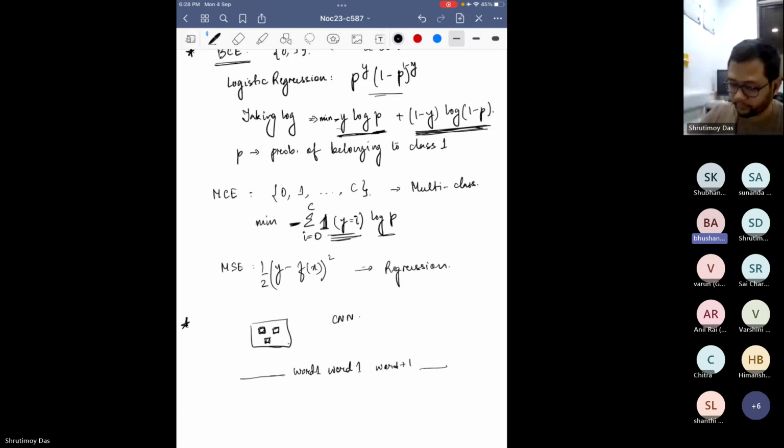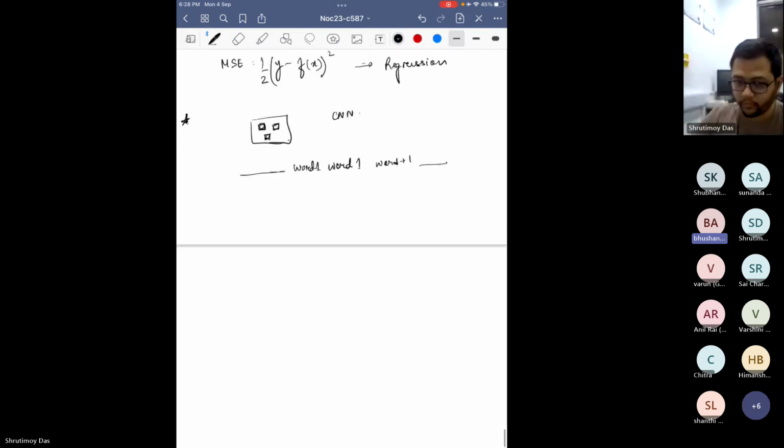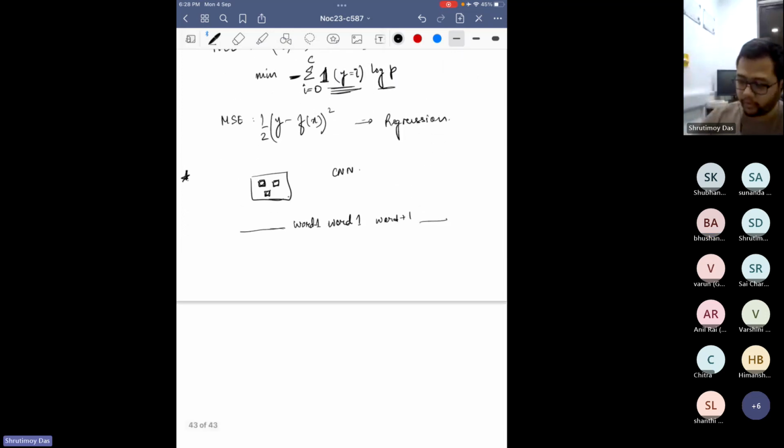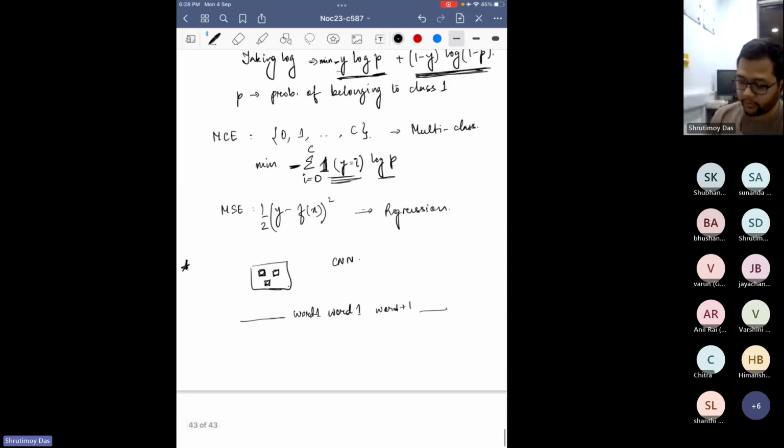Convolution networks are a separate class of neural networks, so they are different from forward propagation. Intuitively, we say that we have some image, and then we have some filter, and we move this filter across this image.